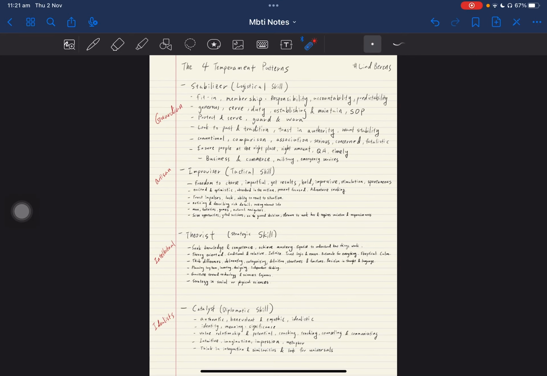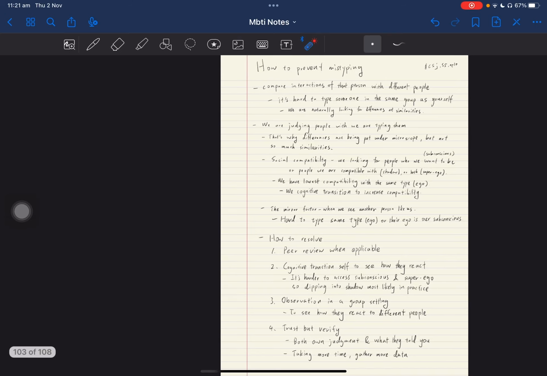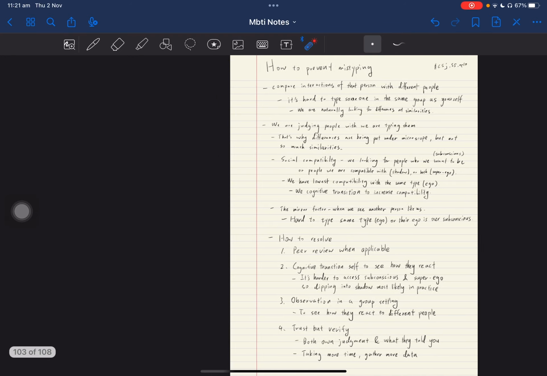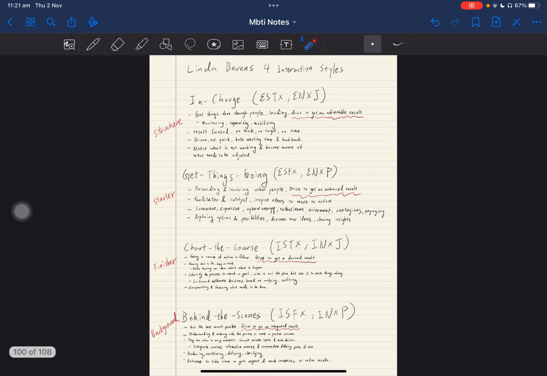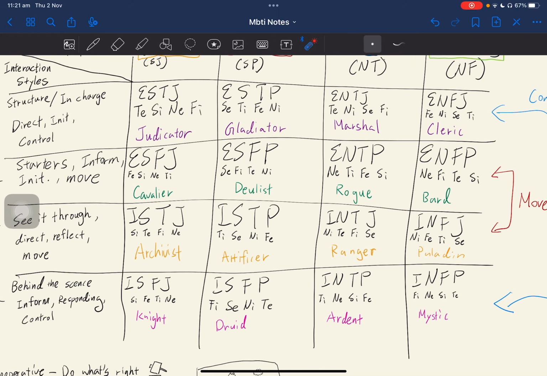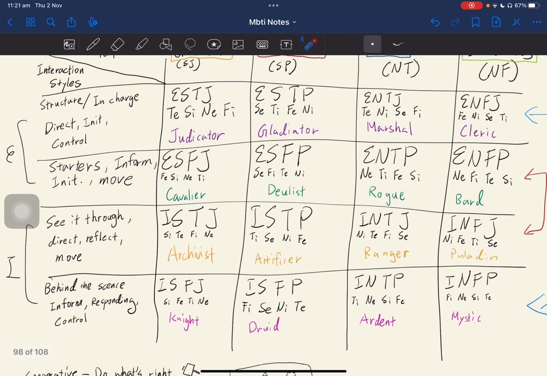So these are the 4 temperaments. And I think I'll do this next, I mean, how to prevent mistyping, in another video. But I want to give you guys some examples. As I said before, behind the scene, they are kind of guardians in their own way.